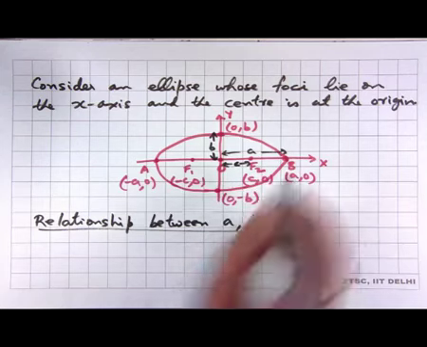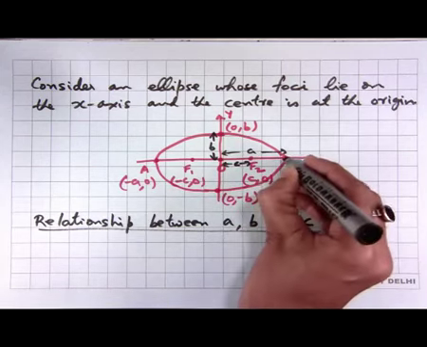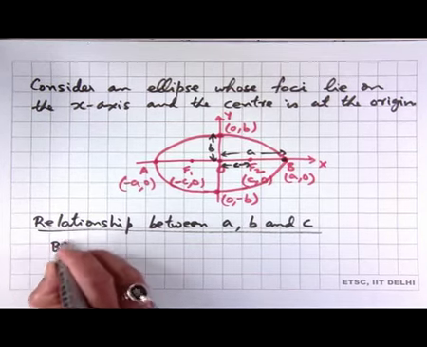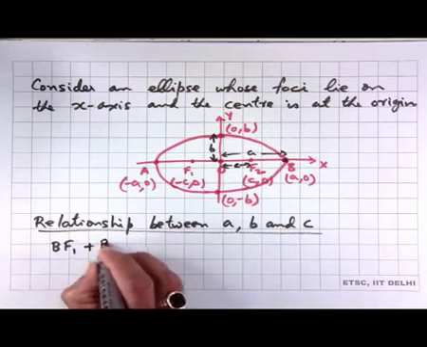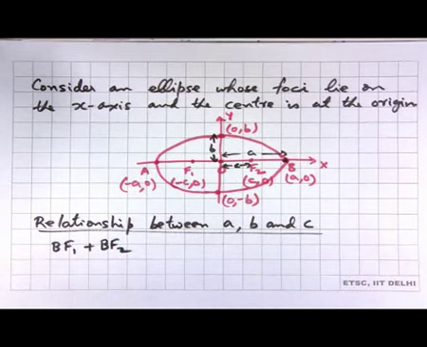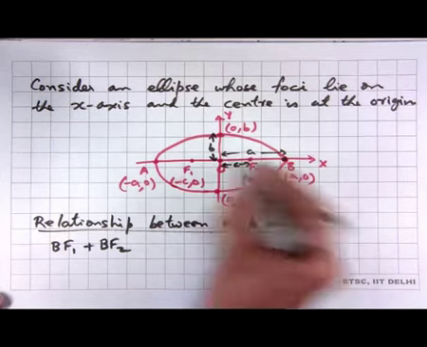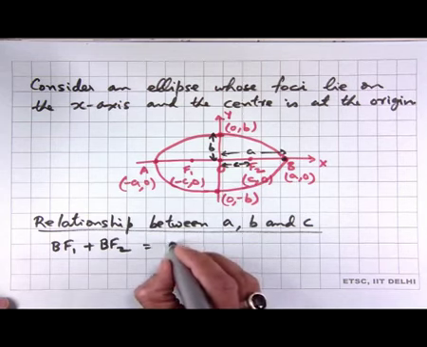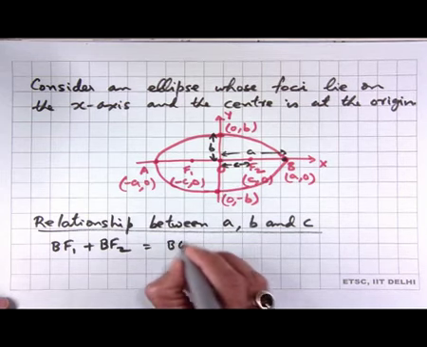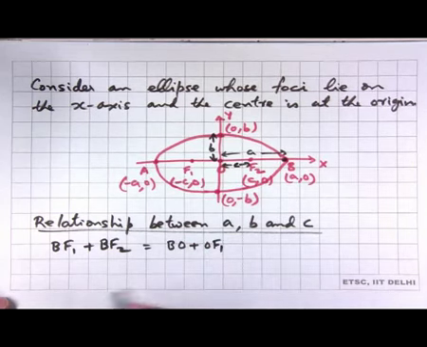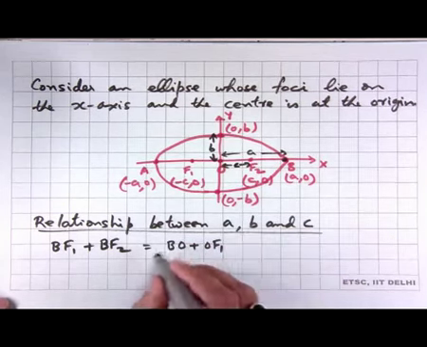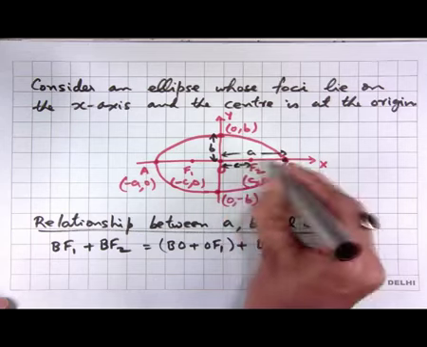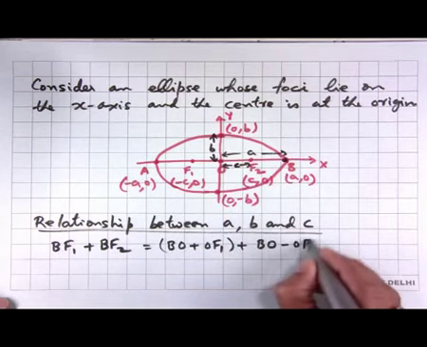So, if we look at this point B, what is the distance BF1 plus BF2? BF1 is equal to BO plus OF1, and BF2 is BO minus OF2.